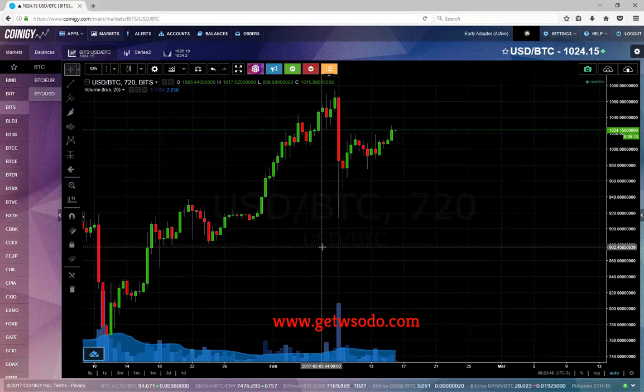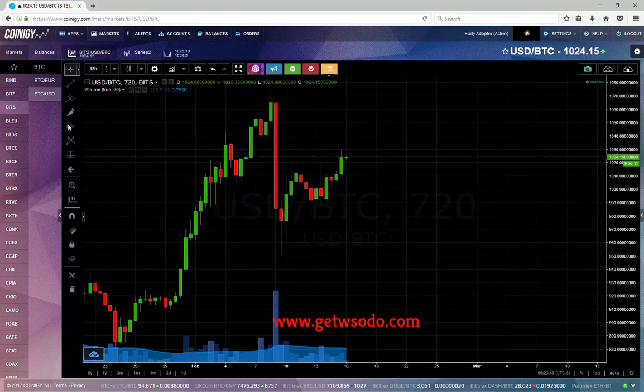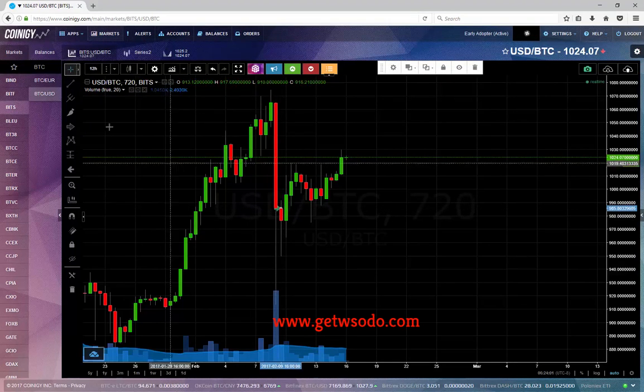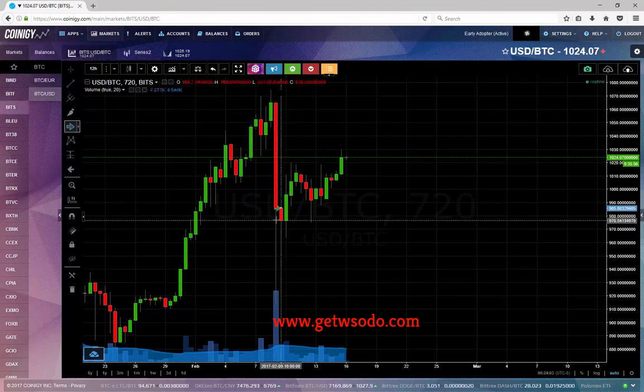Now, if we were to break down one of these candles, let's say on a red candle, for example, you have the main body right here, which would be the top, right? This is the open, and it means it closed right here on the main body.